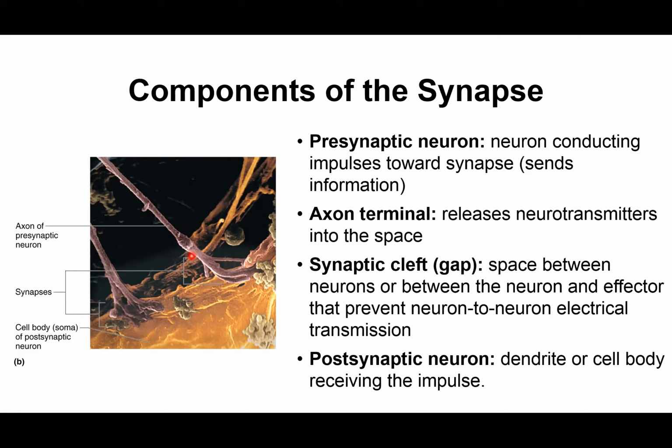The synaptic cleft, or the gap, is going to be between the neurons or between the neuron and an effector, and it prevents direct neuron to neuron electrical transmission, or neuron to effector electrical transmission. And then you're going to have a postsynaptic neuron, which is going to be either the dendrite or a cell body that's receiving the impulse.